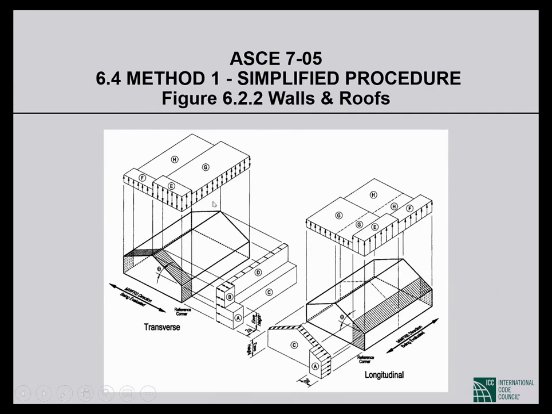The roof of the building, or the horizontal projection of the roof, is divided into areas E, F, G, H, and the wall and the vertical projection of the roof are divided into areas A, B, C, and D. This is for transverse direction of wind, this is for longitudinal direction of wind.